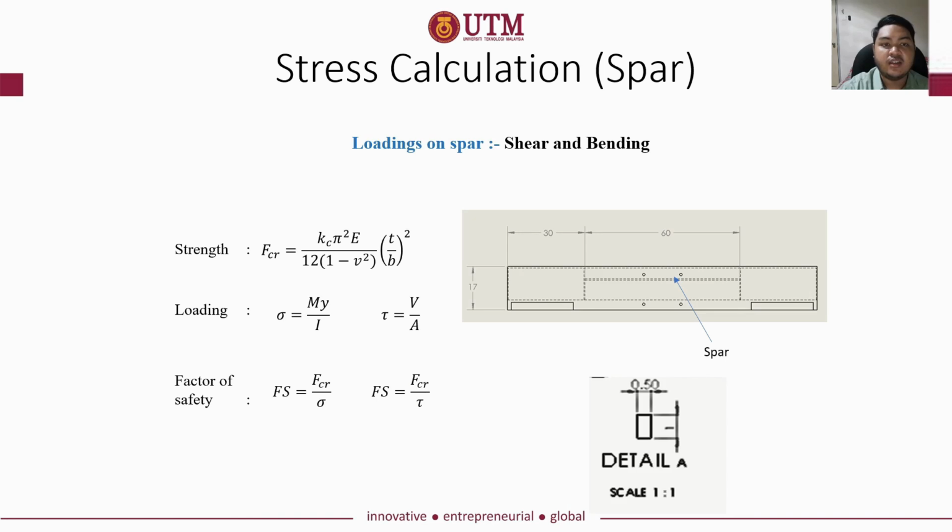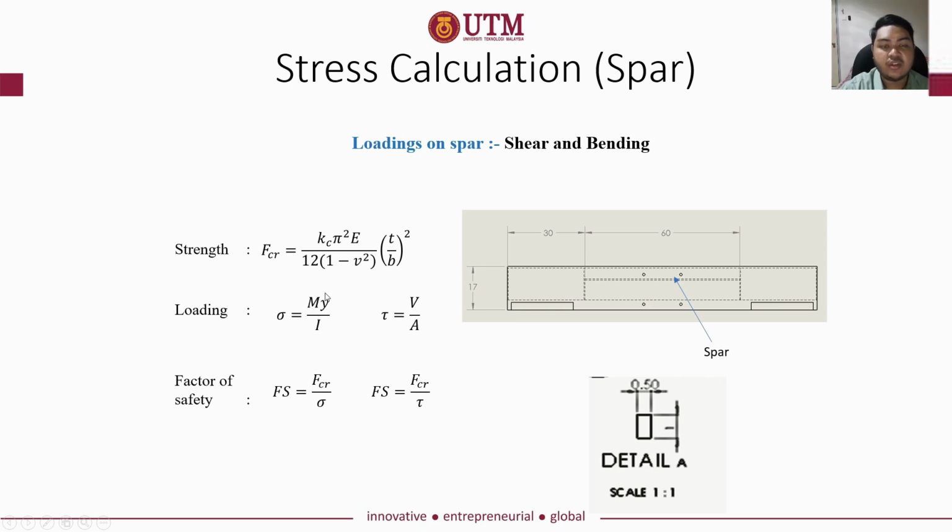Here is the stress calculation for the spar. The loading on the spar will be shear and bending. From this diagram, the spar is located here in the middle of the wing part with the dimension of 60 cm. For the spar, there will be bending stress loading, which is the equation My/I, and also the shear stress loading, equal to V/A.